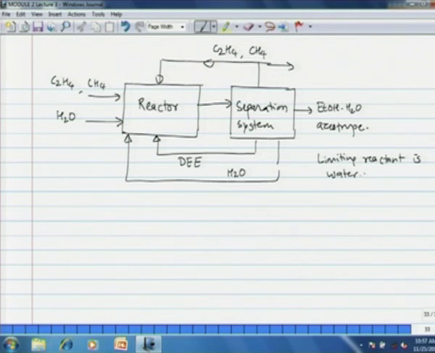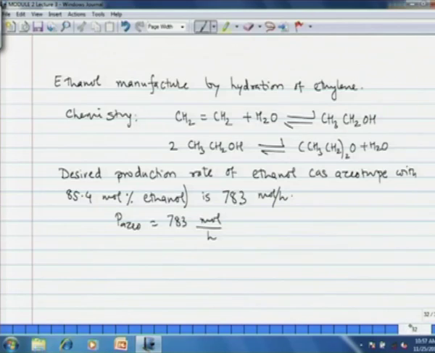Now, we try to give the balance in a similar way as we did for HDA process. So, the production rate of azeotrope P azeo is 783 mole per hour. This contains absolute ethanol, 669 mole per hour, where Y azeo is the mole fraction of pure ethanol or absolute ethanol in the azeotrope.